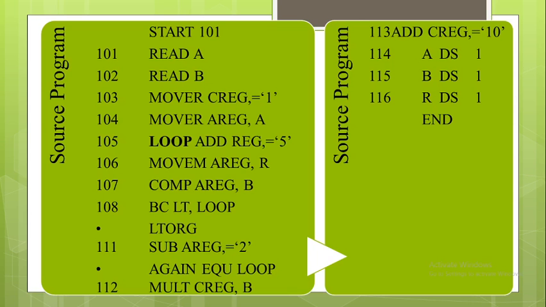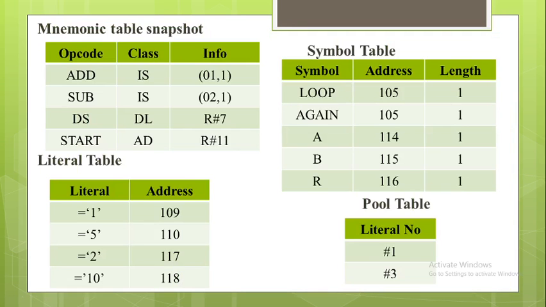I will repeat again. Here we come across the statement LTORG, which is one of the assembler directives. It will search for the previous literals for whom the addresses are not yet assigned, and it will assign the addresses to these literals one by one. Because of this, we will see the literals and addresses over here like this.